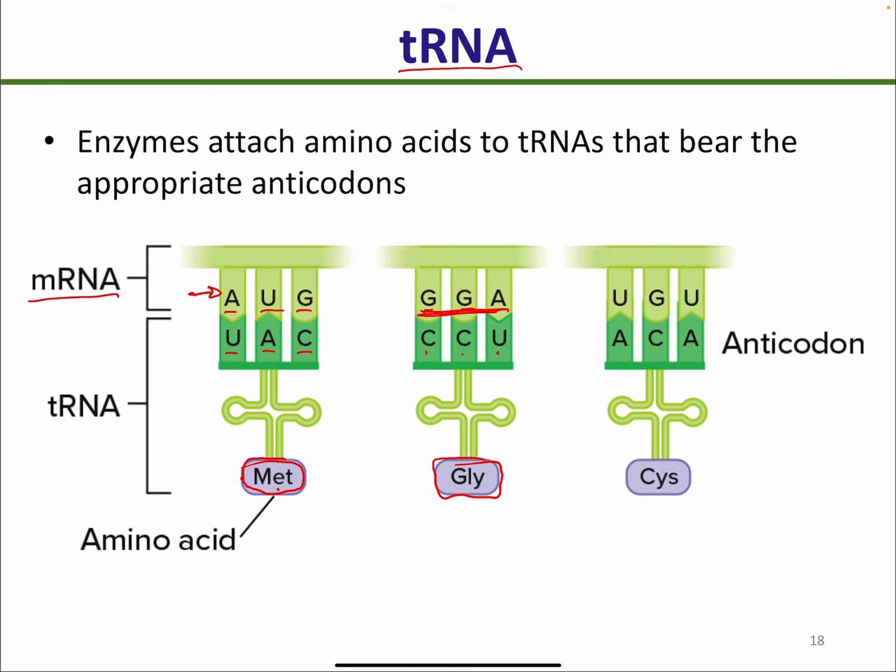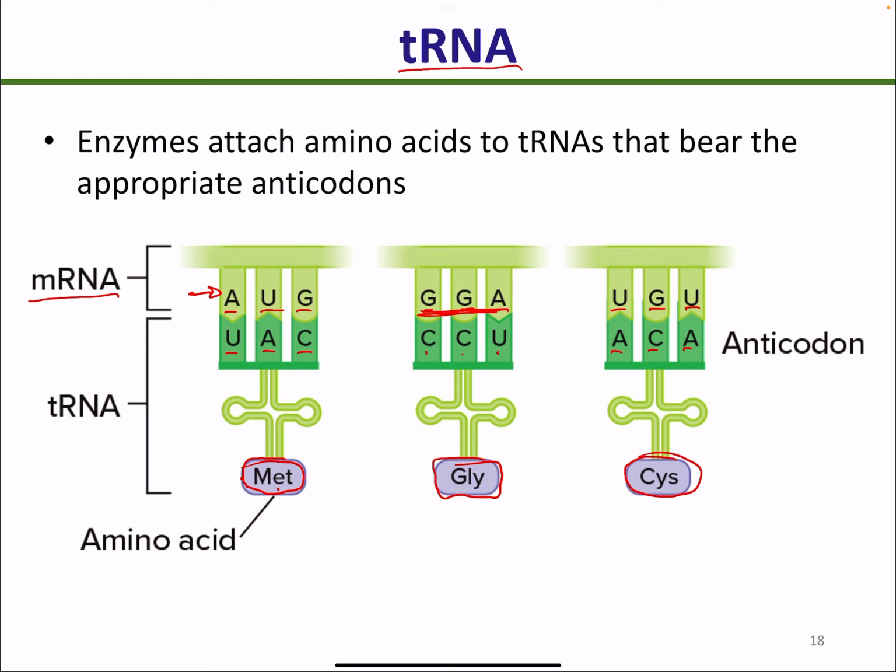Now, finally, for a messenger RNA that is UGU as a sequence, the equivalent amino acid is going to be cysteine, right? With the anticodon ACA. So now you know how we go from an RNA sequence to an amino acid sequence, right?